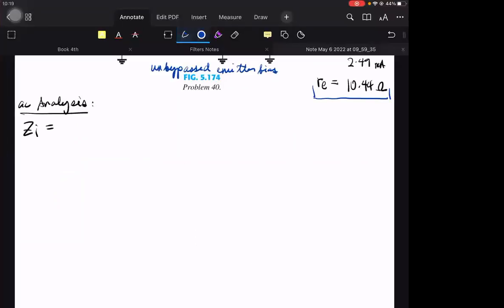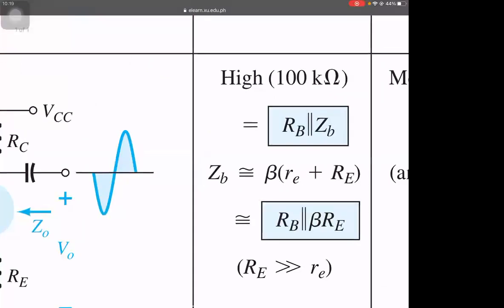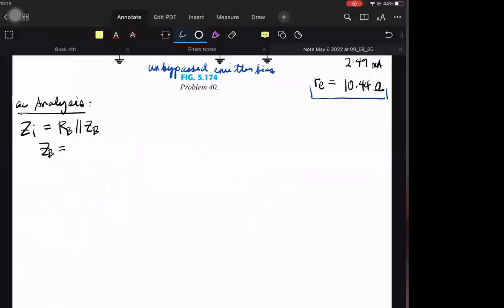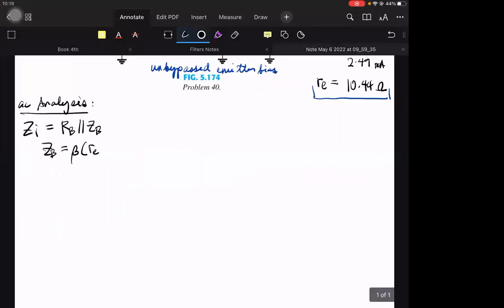RB parallel ZB, but ZB is equal to beta times small re plus big RE.